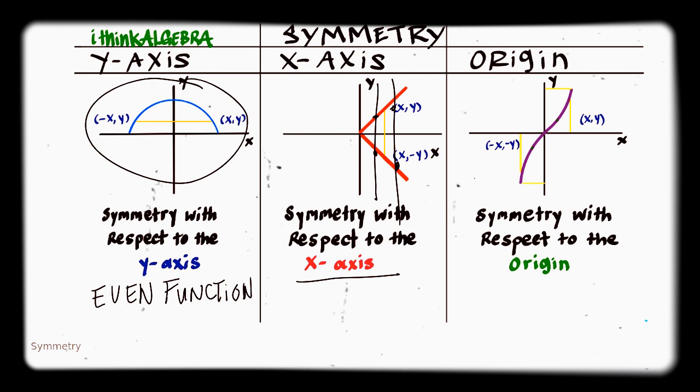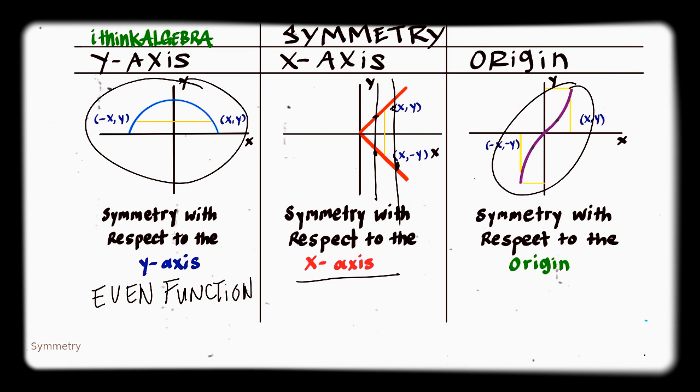And then the third graph is symmetric with the origin. If I wanted to flip this graph around, I would get exactly the same graph when it's upside down or right side up, whatever way you want to flip it. If you flip it, then you would know that it's symmetric to the origin.